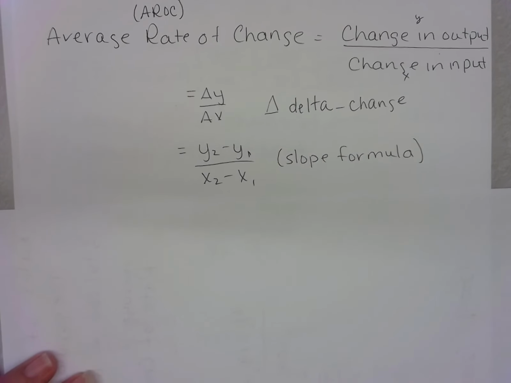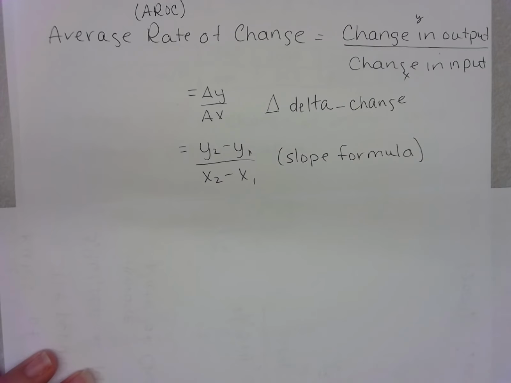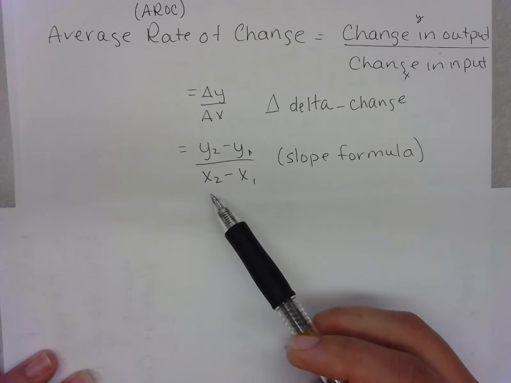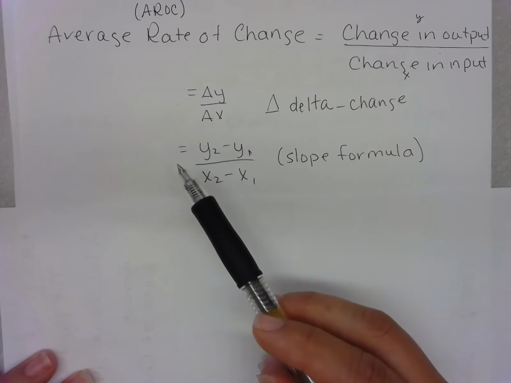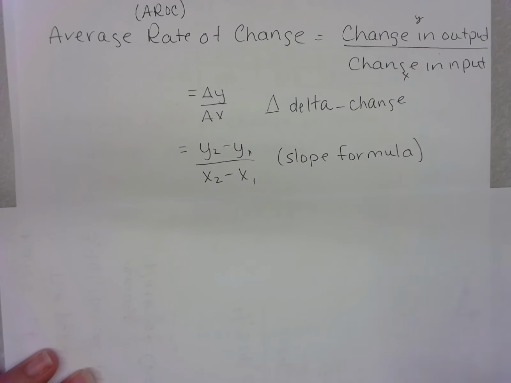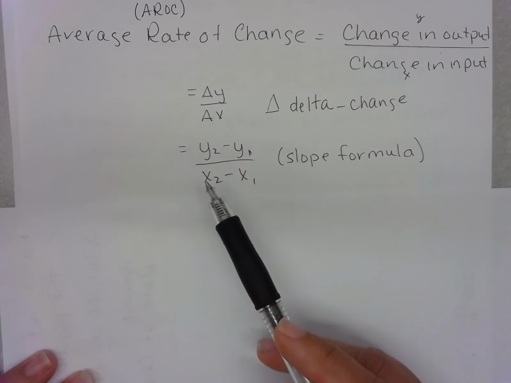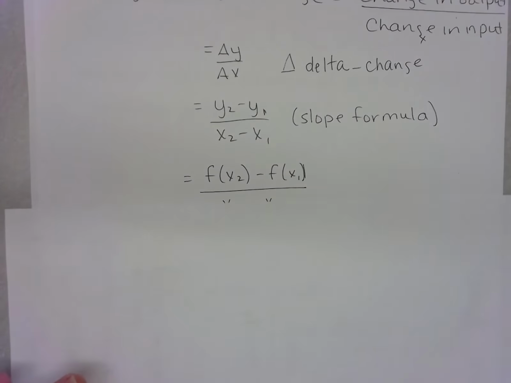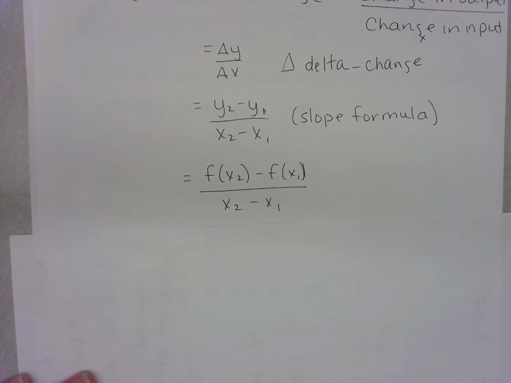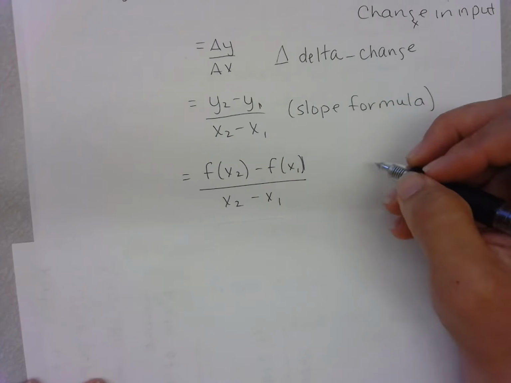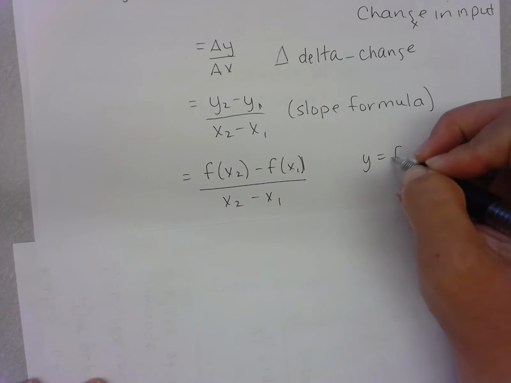All right, so then here's our slope formula. This is the standard one. Hopefully you've seen it before: y2 minus y1 over x2 minus x1, the change in y over the change in x. So if I have 2 points, it's the difference in the y coordinates over the difference in the x coordinates. Another way to represent it is the f of x notation. It's exactly the same thing because a lot of times we say y equals f of x.